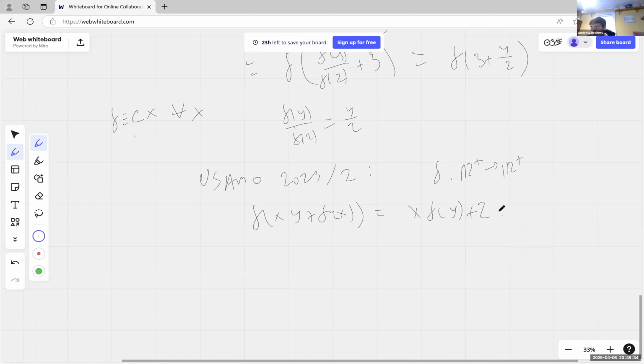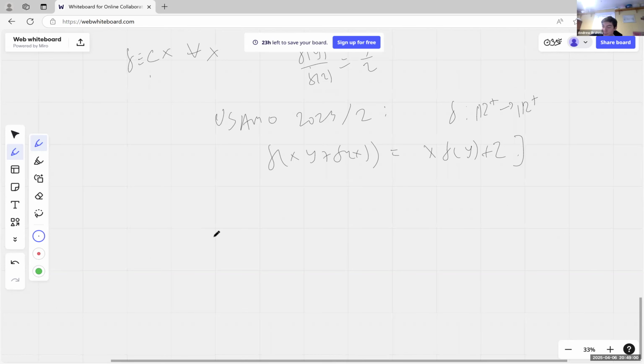Now, how do we show that f is injective, just right off the bat? Is there anything that we can plug in that would give us that?